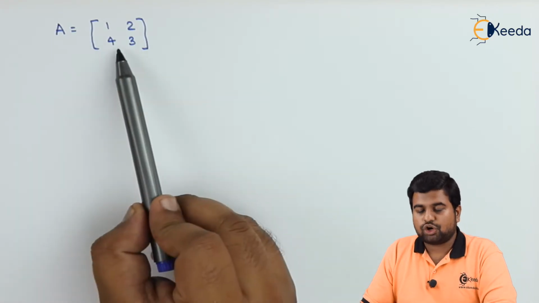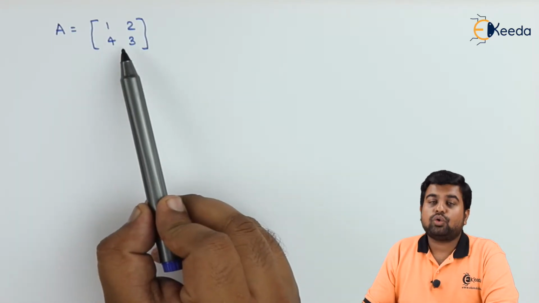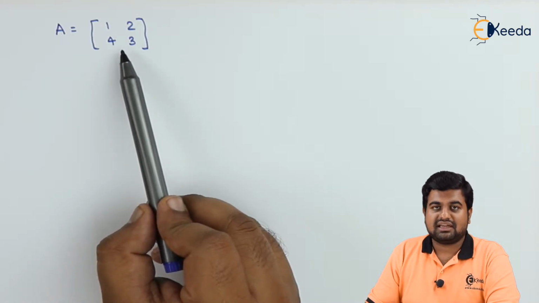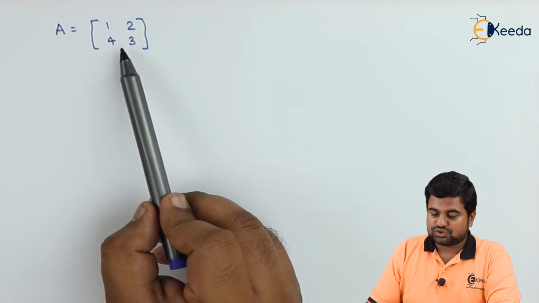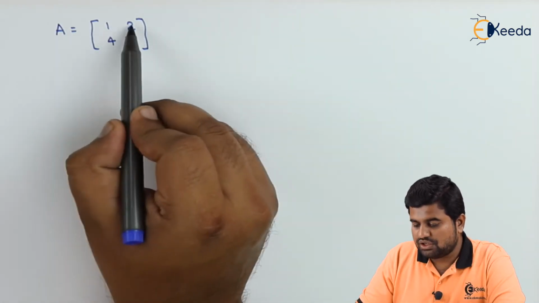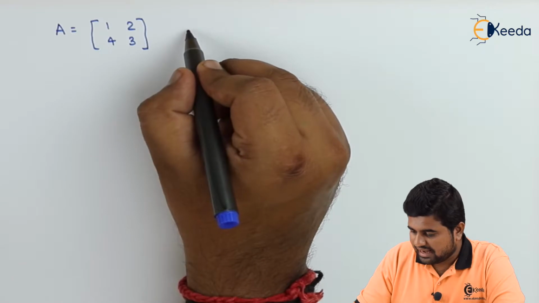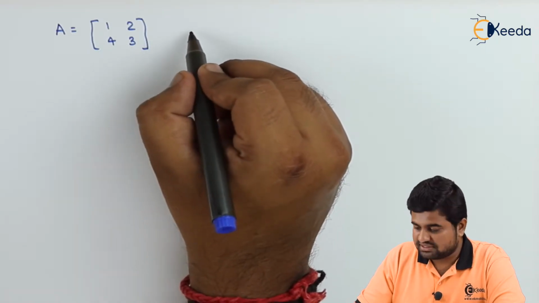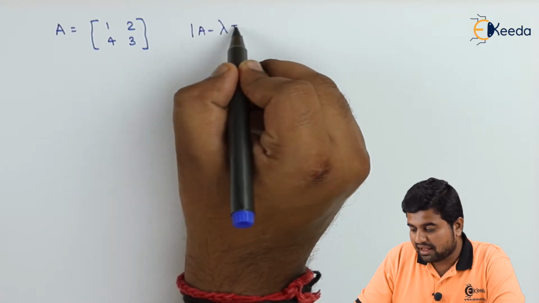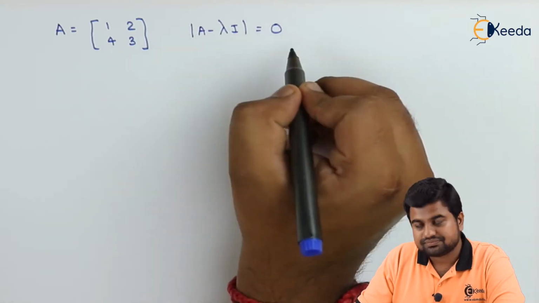Here we have a 2 by 2 matrix, so 2 eigenvalues are possible, and for each corresponding value there are 2 eigenvectors. So let us solve this. A is 1, 2, 3, 4, and we consider the characteristic equation A minus lambda I is equal to 0.